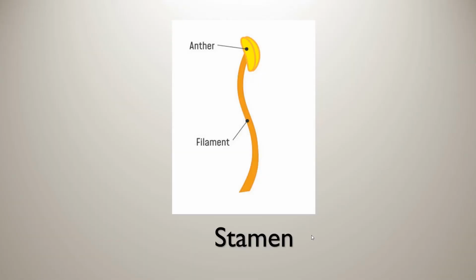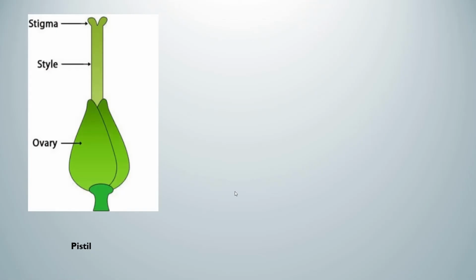Now, if we observe the stamen, it generally consists of the anther. This part is known as the anther, and this part of the stamen is known as the filament. And if we observe a pistil, we generally observe three parts.